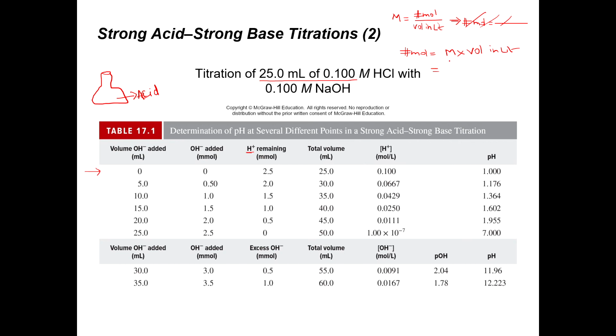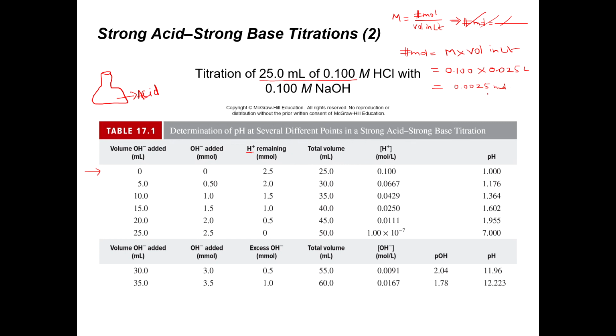So what's your molarity? The concentration is 0.1, and the volume in liters, you have milliliters, right? 25 ml. If you convert that into liters, you have 0.025 liters. So you're going to get a very small number, 0.0025 moles.